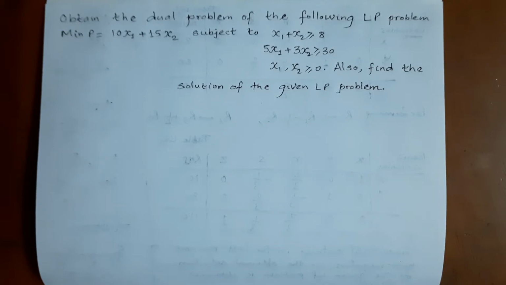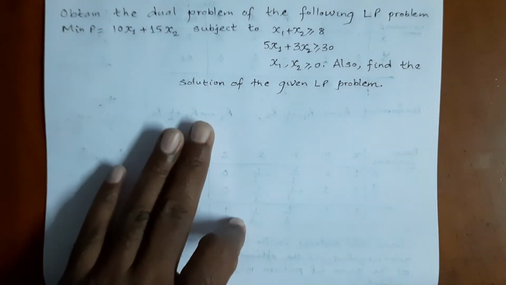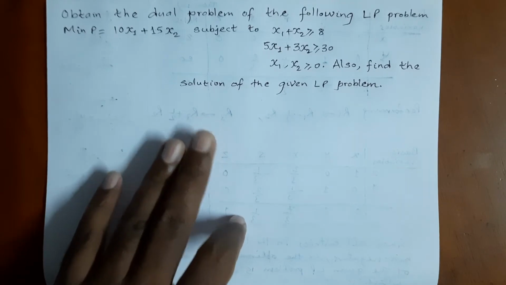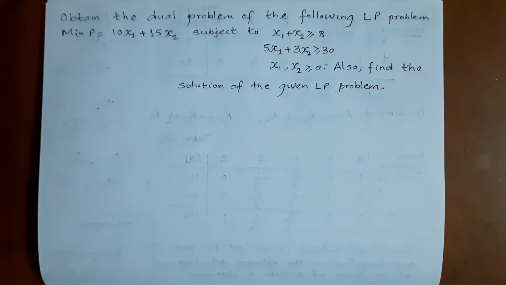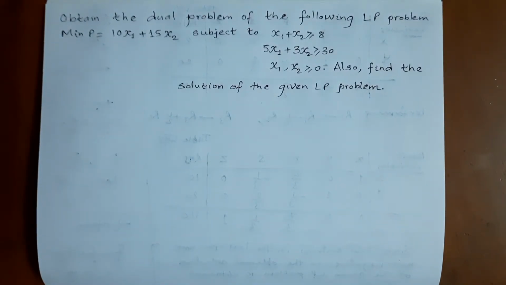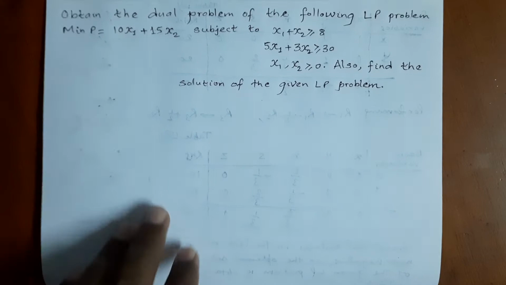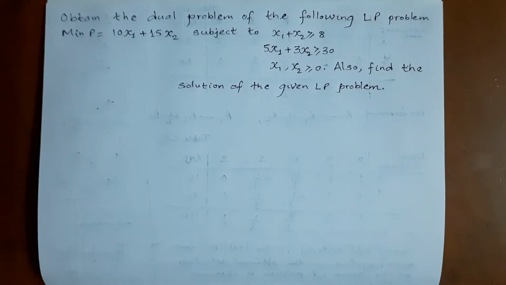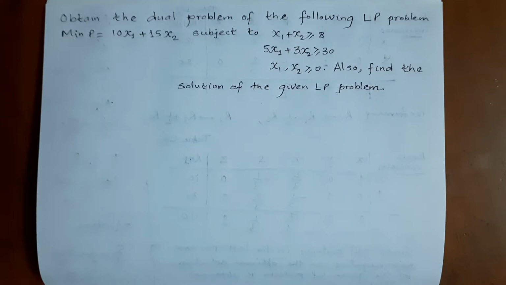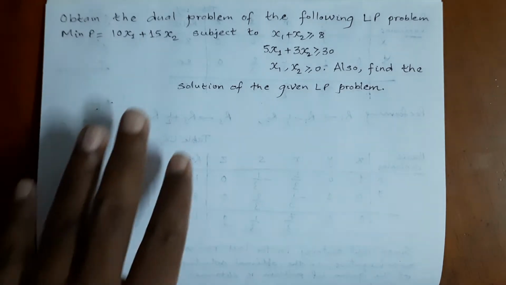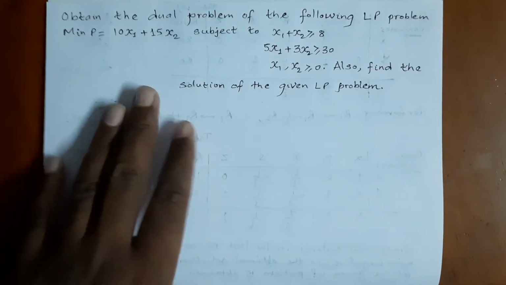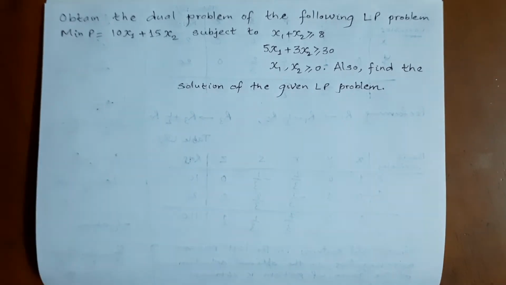Okay, so this given problem is called primal problem, and the next maximization problem based on the same data, that is called the dual problem. So you have to change this problem into the maximization problem.